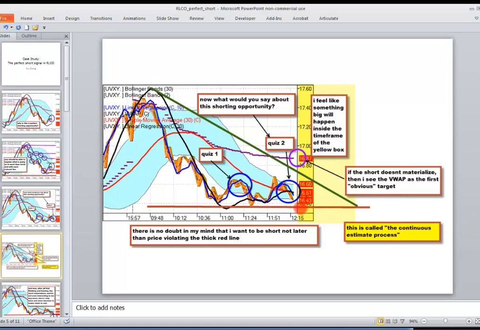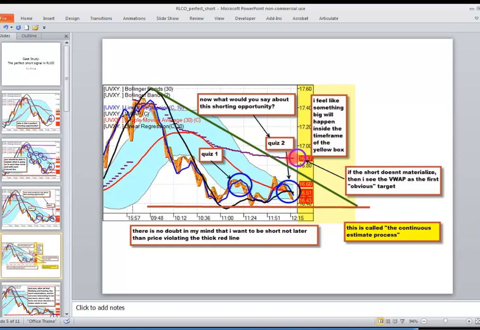I think it's going to go down only because the day has been down, and I know where my price trigger is, not later than crossing that red line. But if that doesn't work and it breaks out to the upside, based on this regression line crossover in here, my first target is going to be this price at about 1687.